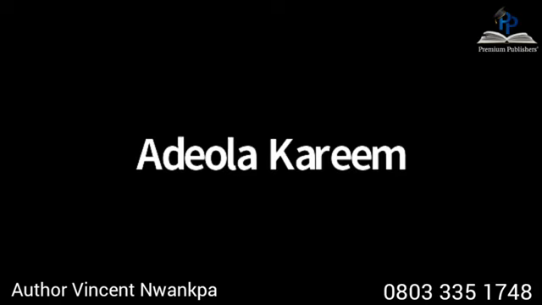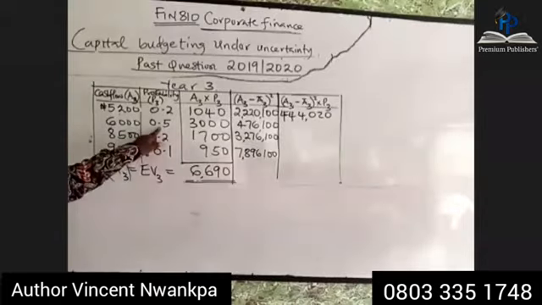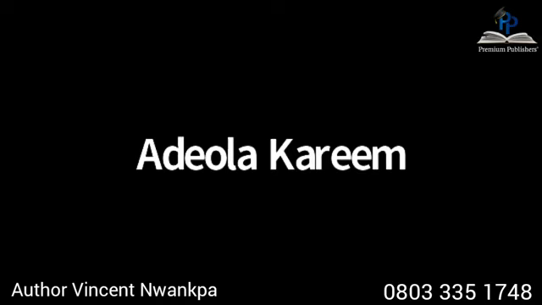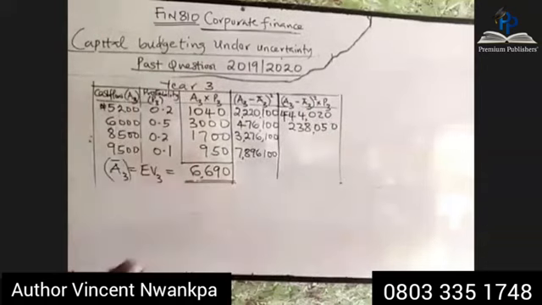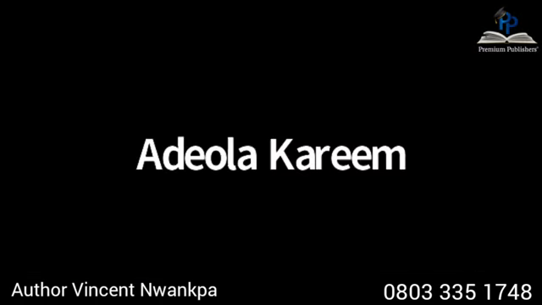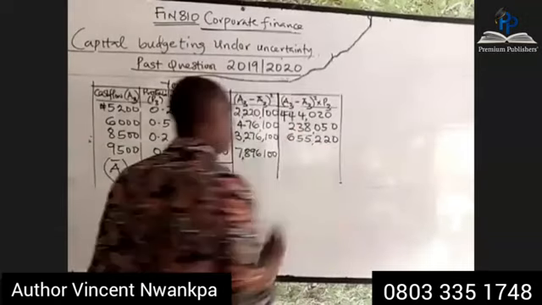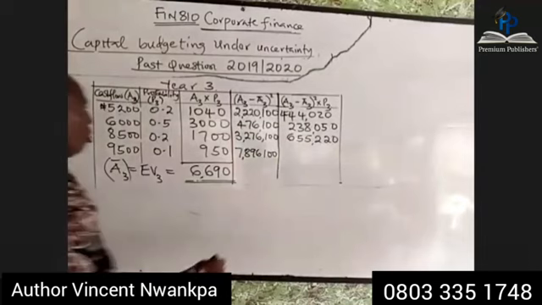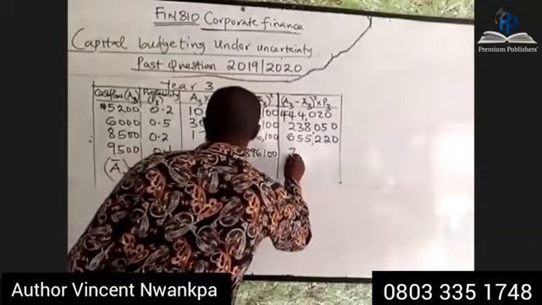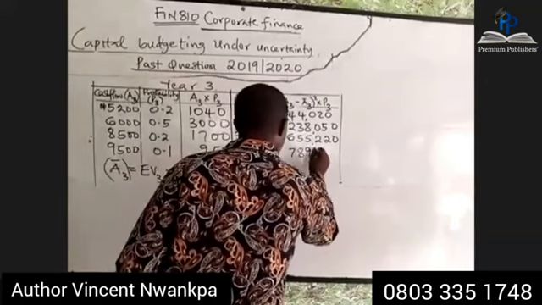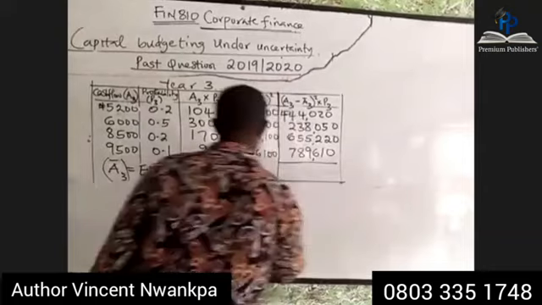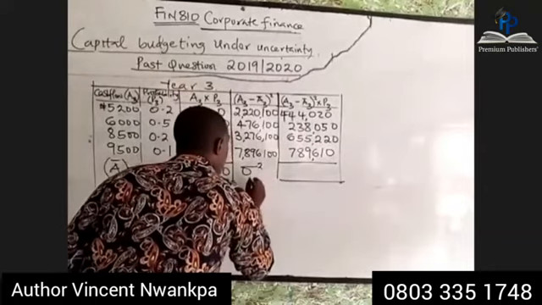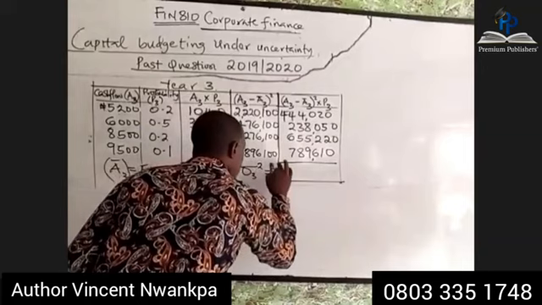Next one, 476,100 times 0.5 gives 238,050. Next, 655,220. The next one, 789,610. Good. We add everything together to give us the variance at year 3.